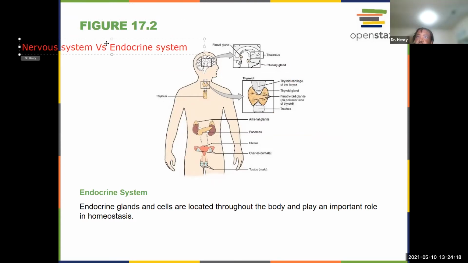Okay, so we're talking about the nervous system. So when we talk about the nervous system, what is the signaling mechanism of the nervous system? What causes that signaling mechanism?